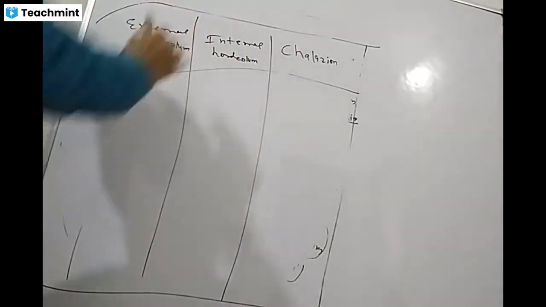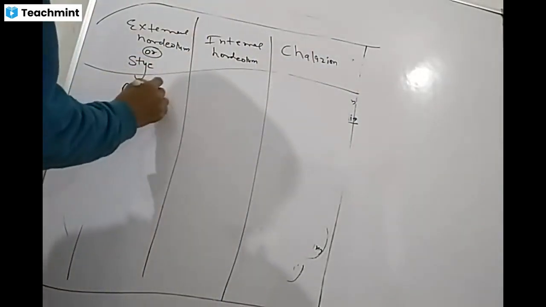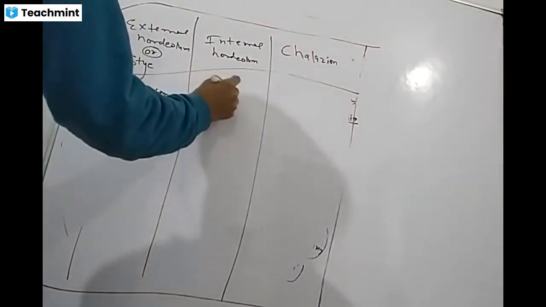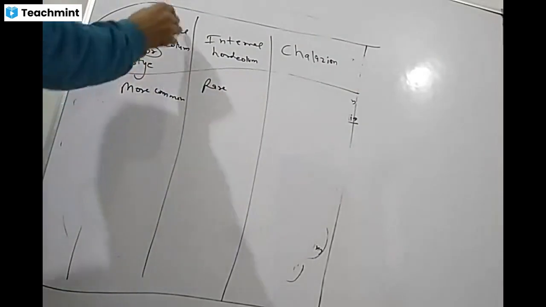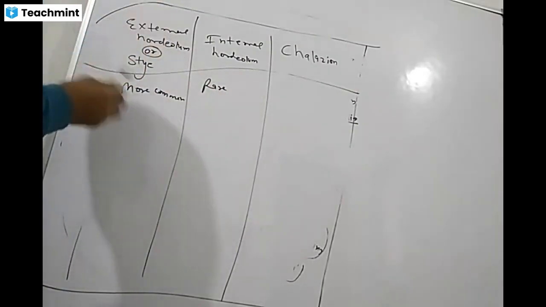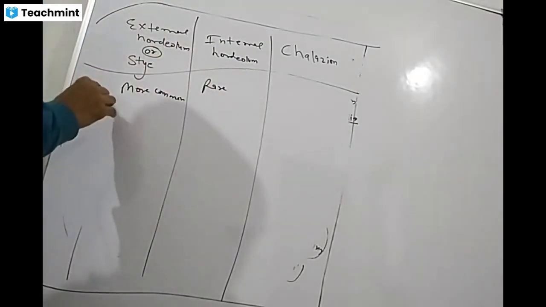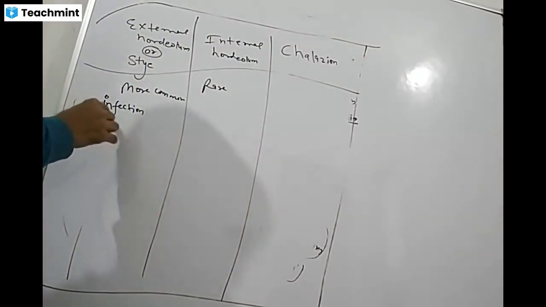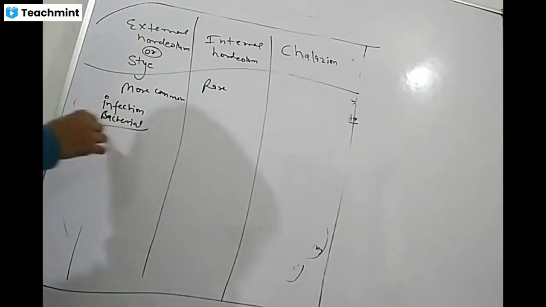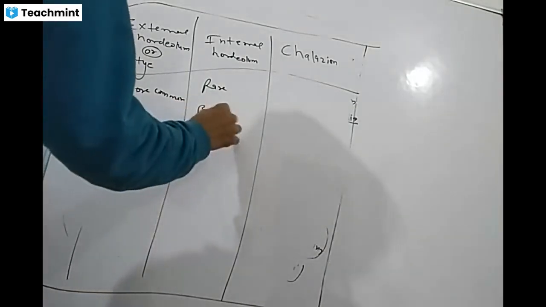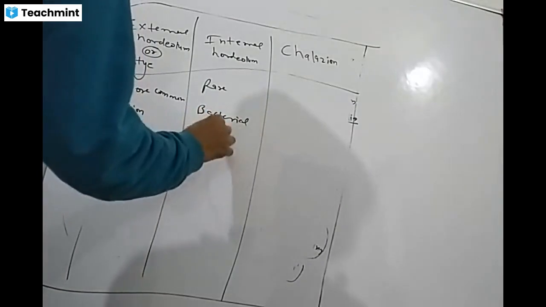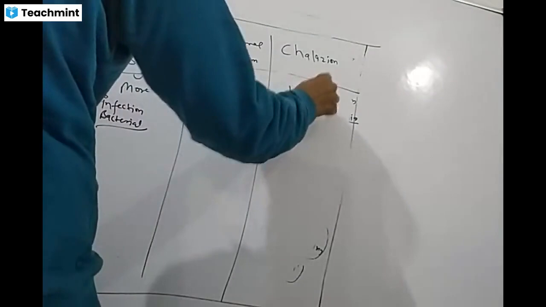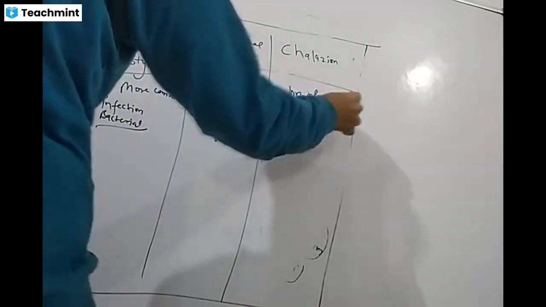External is more common as compared to internal. Internal is rare. External is related with infection, more commonly bacterial. Internal is also bacterial infection. But chalazion is non-infectious, without any infection.